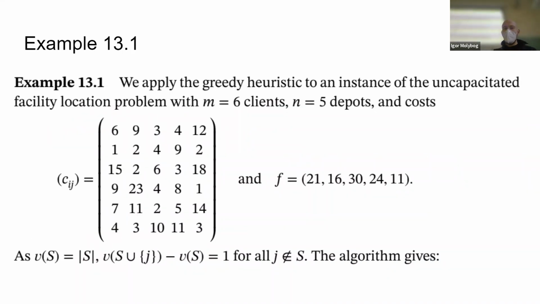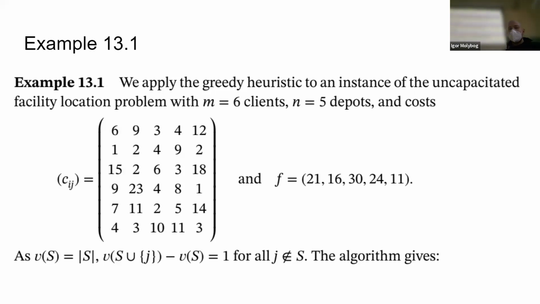So what is an element in this particular interpretation? An element is whether we are adding a depot or not, because the complexity of this problem comes from the binary variables, and the only binary variables we have in the problem are xj's.